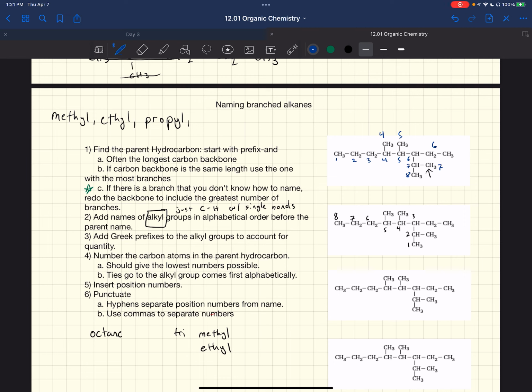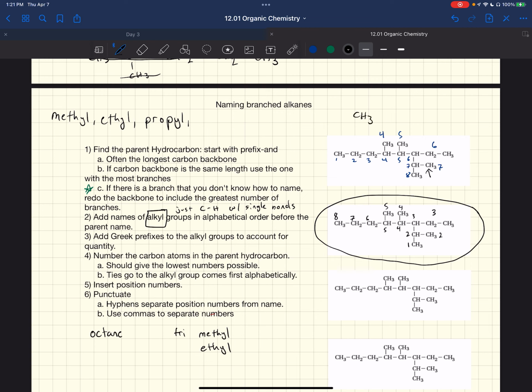So this would be 4, 5, 7 trimethyl, 6 ethyl. And with the black, this one is 2, this one is 4, this one is 5, and this one's 3. So we can see that the alkyl groups with the black numbering have lower numbers.